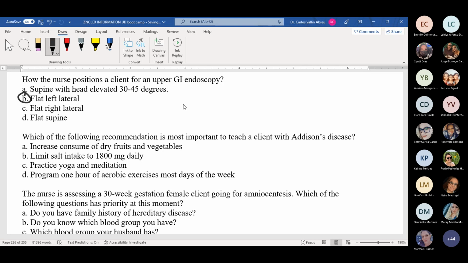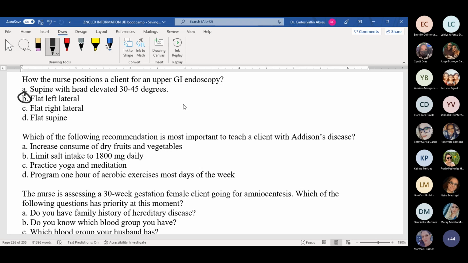The introduction of the endoscope for esophagus, stomach, and duodenum endoscopy is facilitated if the patient is in flat left lateral. This position has two advantages. First, it minimizes the risk of aspiration.